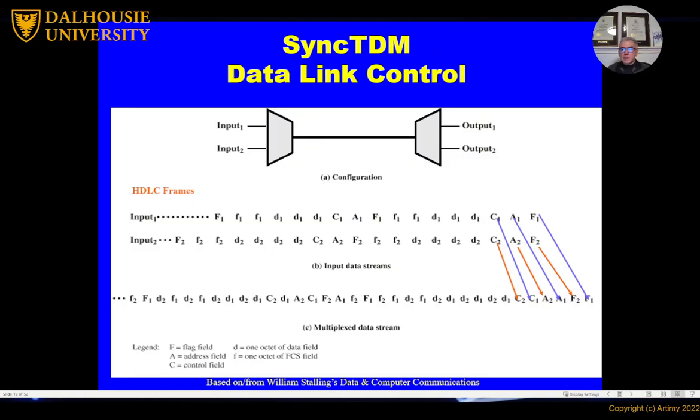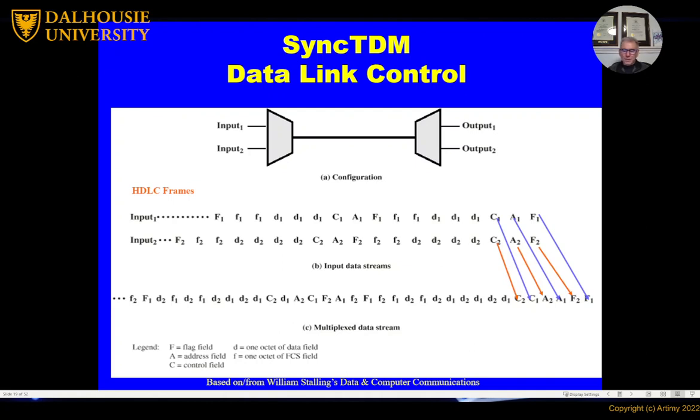All right, so here is an example of what I mean. We talked about the HDLC frame in the last lecture, and in the frames we have here, each one of these represents one part of the frame. The F is the flag field, the A is the address field, C is the control field.